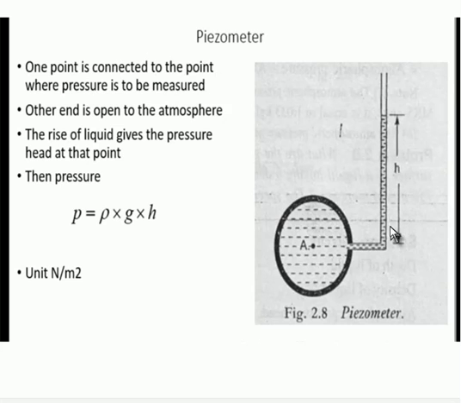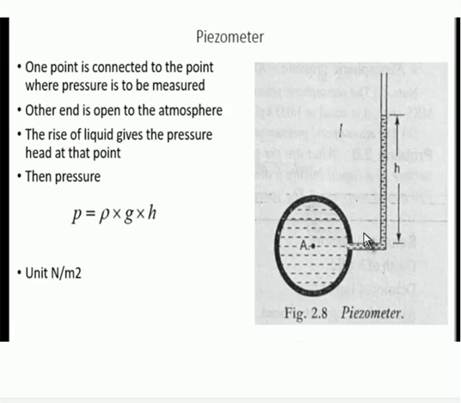So pressure at that point A is calculated by using this formula, rho g h. Okay, the unit of this pressure is Newton per meter square. Okay, the piezometer is the device, and it is coming under the types of manometer.